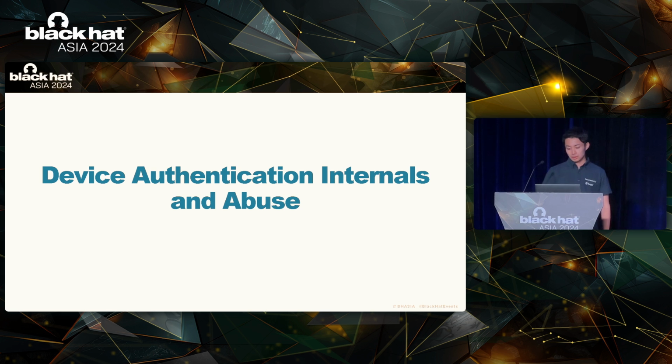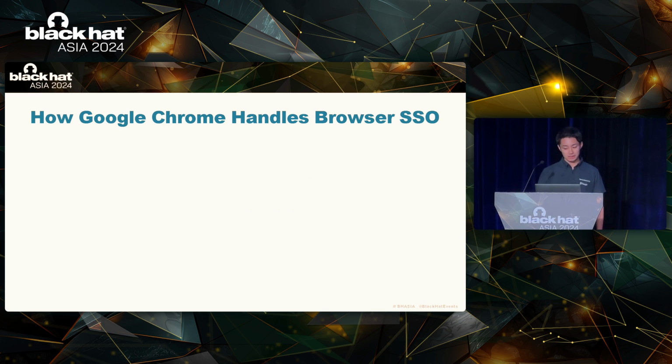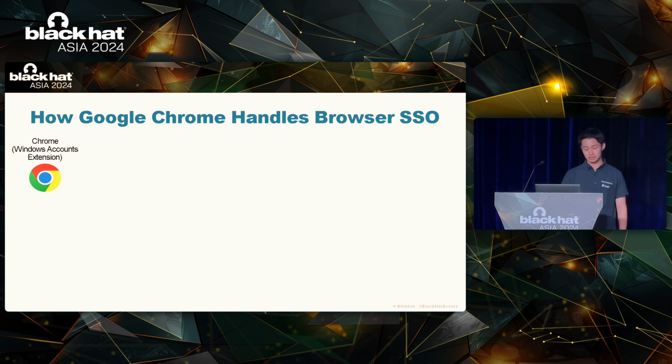So let me talk about the analysis of the Windows internals and the ways of its abuse. First, I started researching how Google Chrome handles browser single sign-on, especially its extension called Windows Accounts that handles the browser single sign-on for the user.